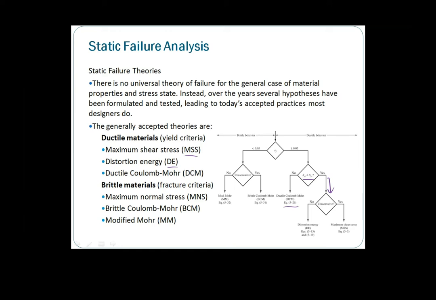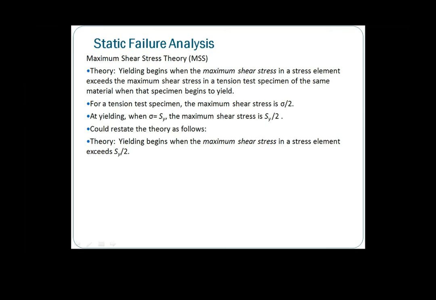Then we look into MSS first, the very common theory that we can use, especially in the design stage. MSS says that yielding begins, or static failure happens, when the maximum shear stress, tau max, in the stress element exceeds the maximum shear stress in a tension test, your tensile test specimen, at the same time.